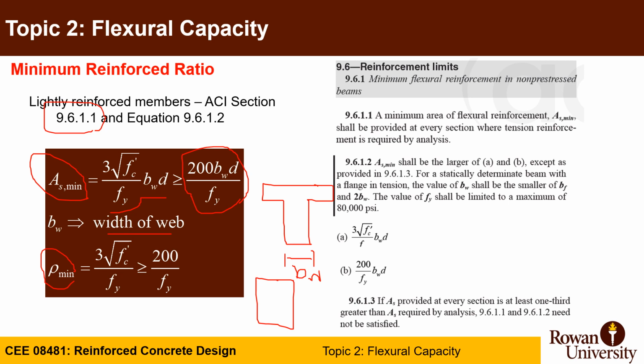So it's going to be 3 square root of f'c using psi divided by fy, or 200 divided by fy, and this will give you the rho minimum. So if I'm you, I calculate rho balance first, I calculate rho minimum, and I know that I have to be in between the rho balance and rho minimum, and most likely close toward the rho minimum.